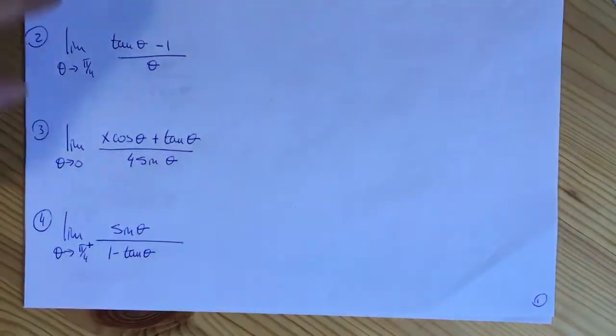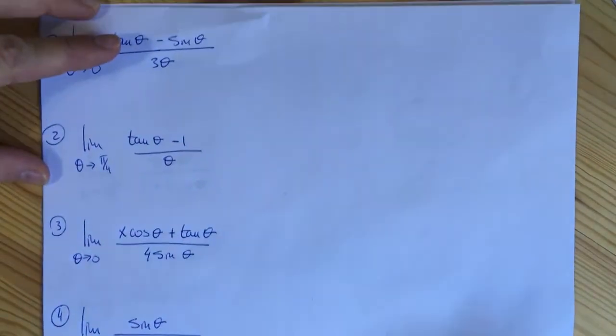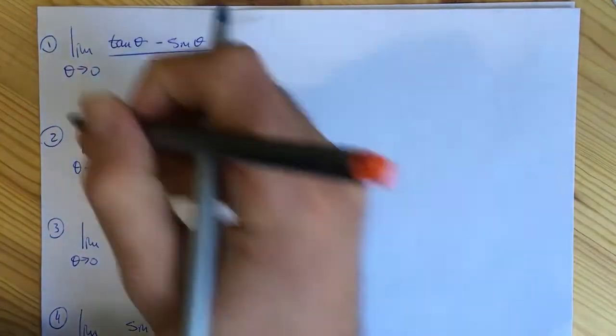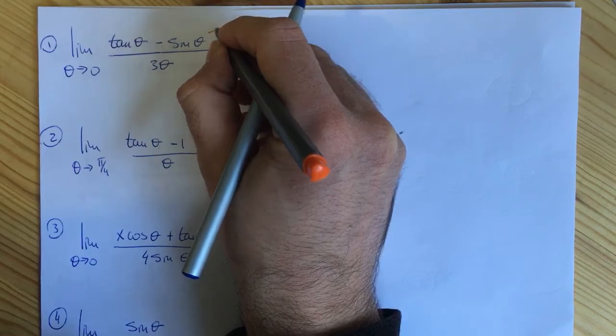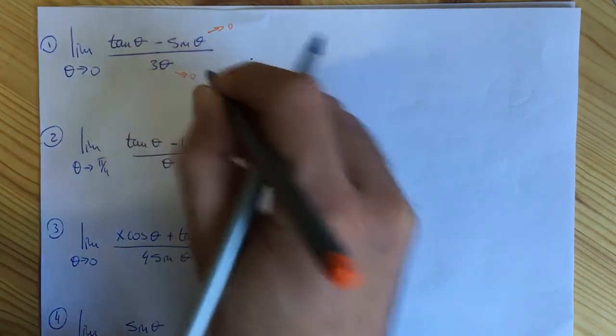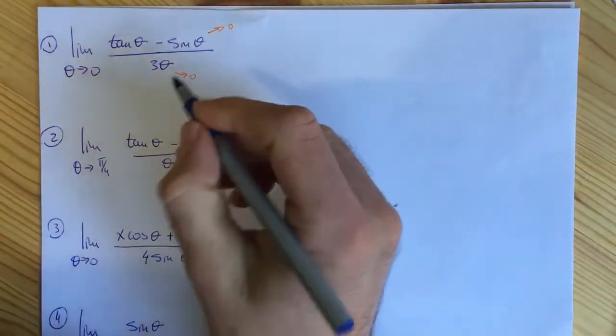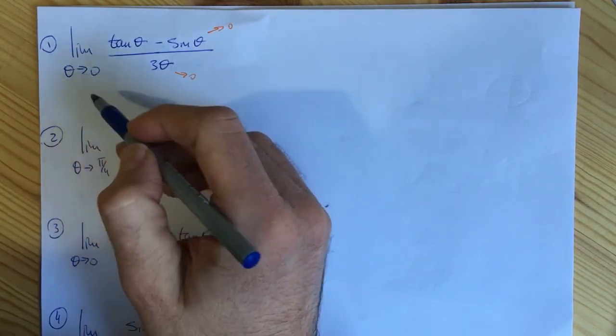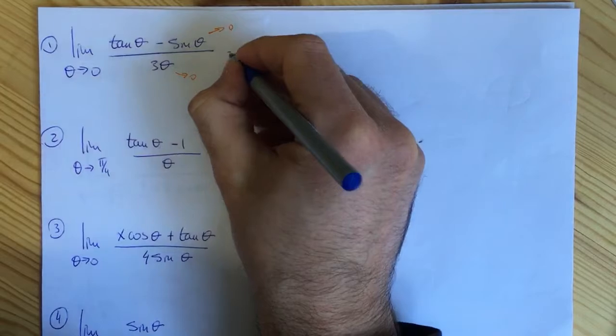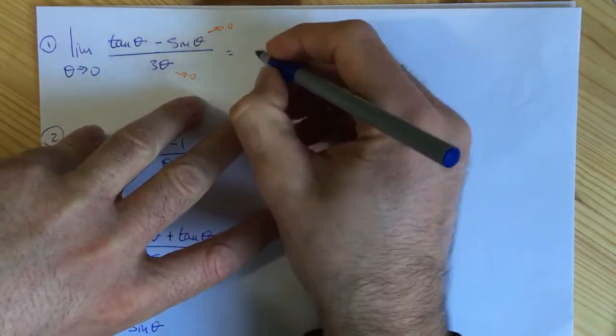Now we will do a few more limits. As theta goes to 0, tangent of theta is 0, sine of theta is 0, so the numerator goes to 0 and the denominator goes to 0. So when the numerator and the denominator go to 0, I'm trying to apply the sine of theta over theta limit, the one that goes to 0.